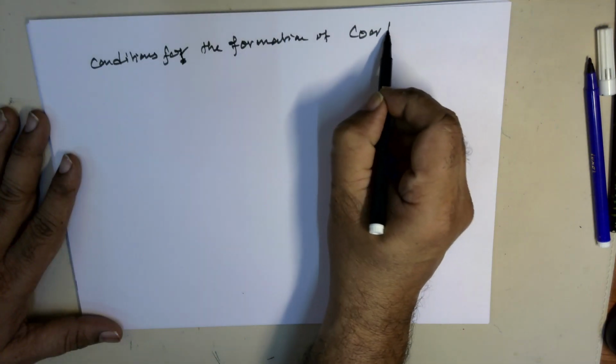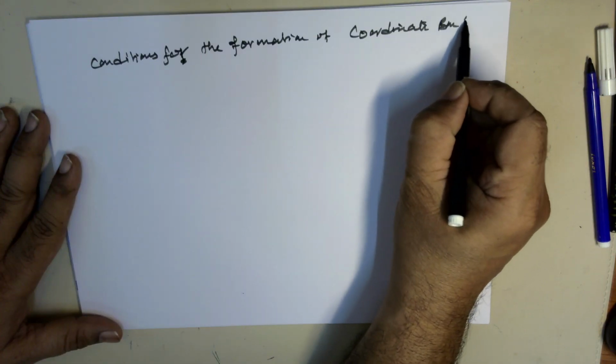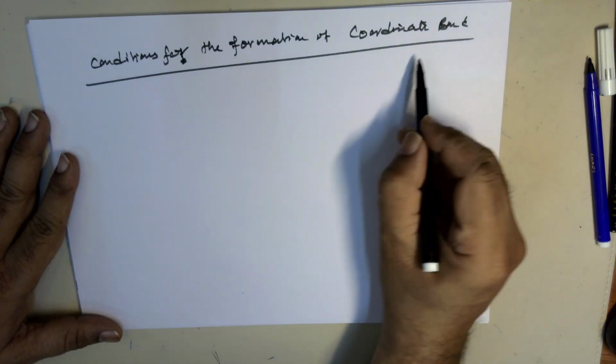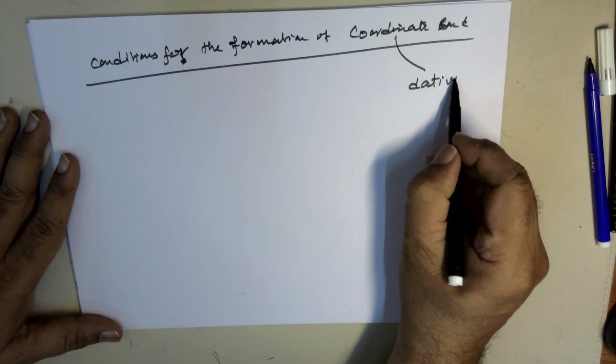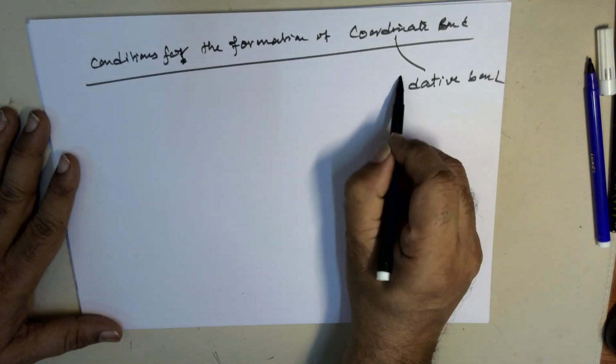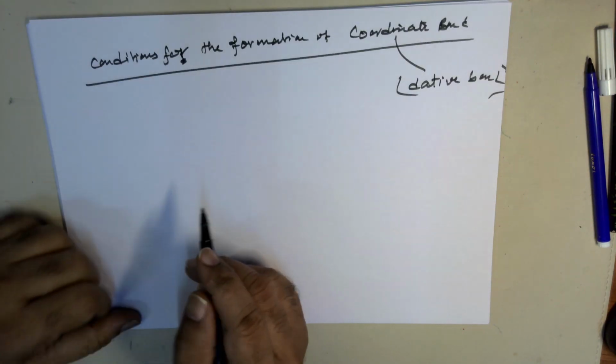coordinate bond. What is the other name for coordinate bond? Tell me. It is also called dative bond, or donor acceptor bond.